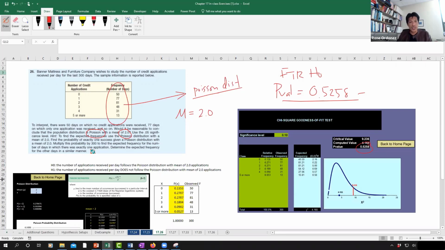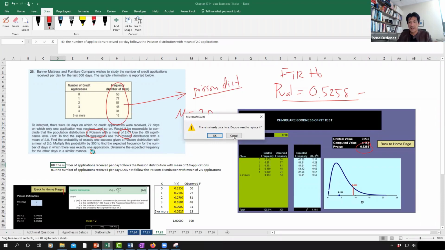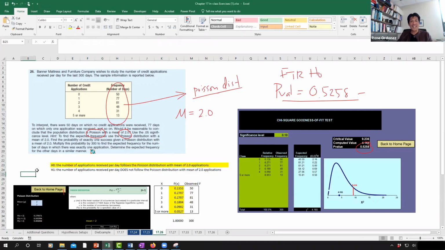And by failing to reject the null hypothesis, if we go back to our hypothesis setup here, we will say that the number of credit applications received per day follows the Poisson distribution.